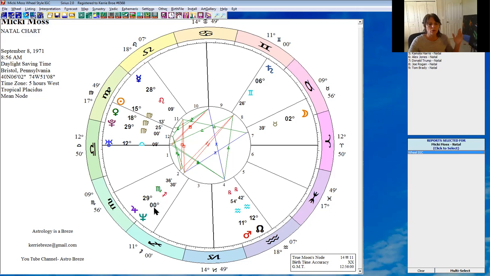If it's 0 degrees Aries, it's going to trine your Neptune. If it's 0 degrees Gemini, it's going to oppose your Neptune. So no matter what, whatever is at 0 of any sign is going to make some aspect to your Neptune.